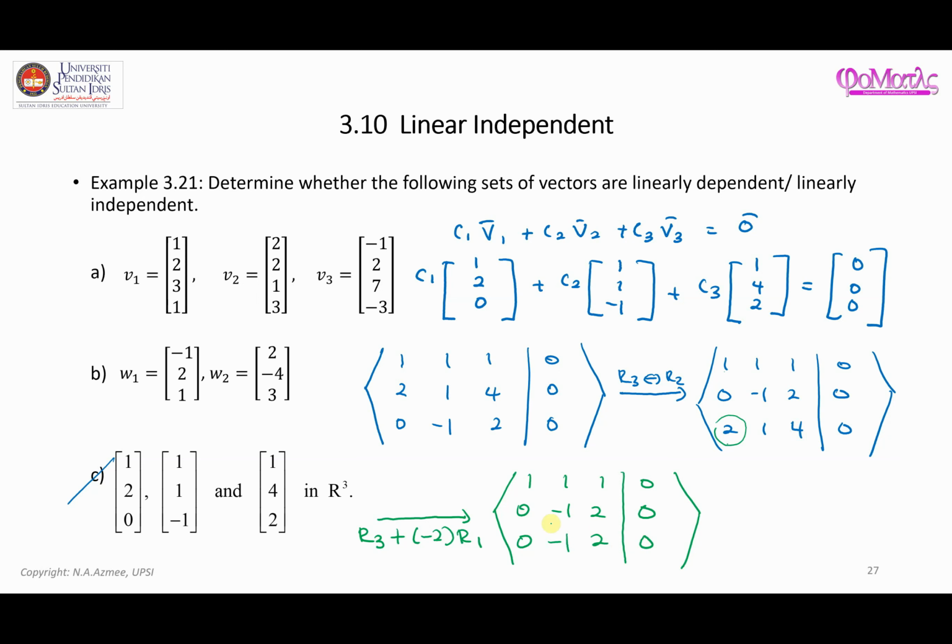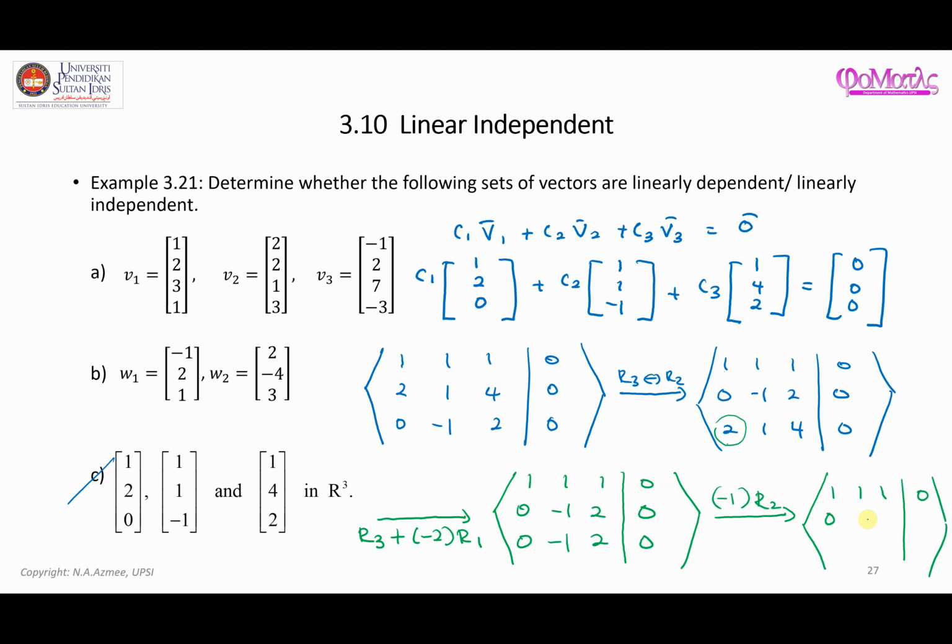Next, what I can see is that we have similar values for the second row and the third row. What I can do is let this first entry be equal to 1. To change that, I'm going to multiply the second row by negative 1. So 1, 1, 1, 0.